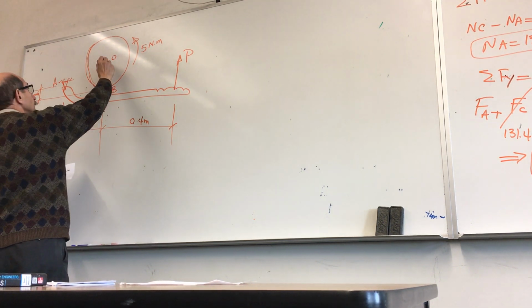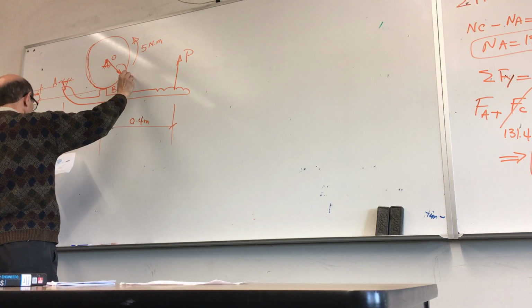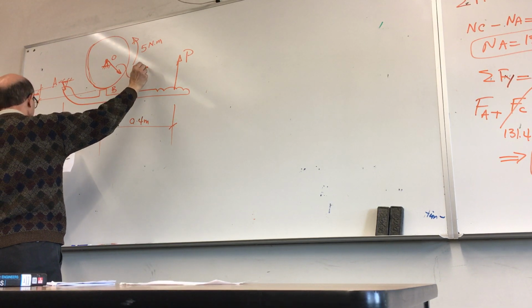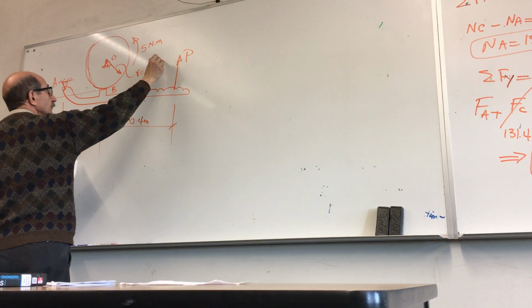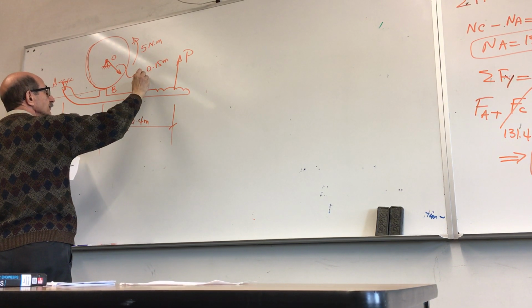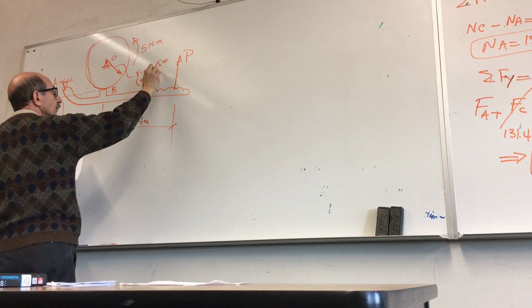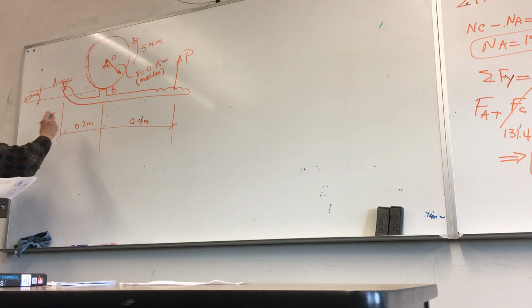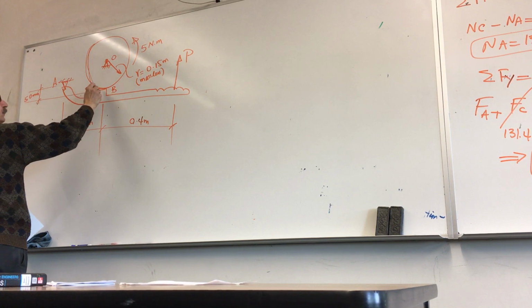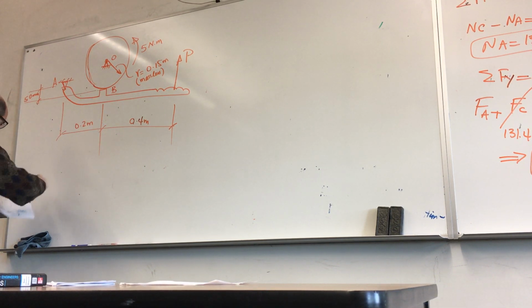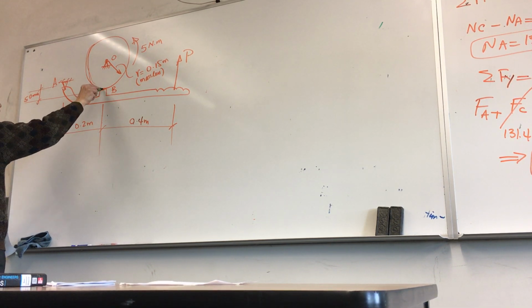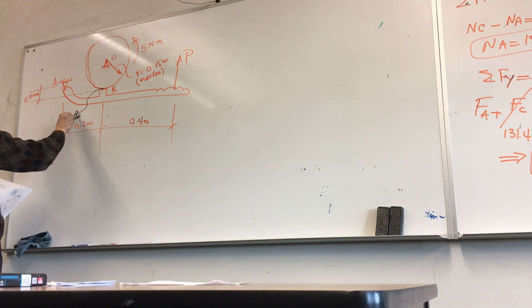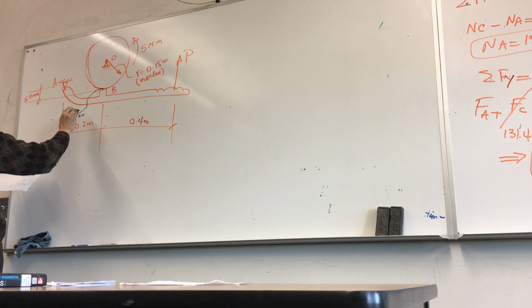And the radius of this disc is 0.15 meters, and this is massless. Okay. So the problem statement goes like this, that you know that the coefficient of friction at point B, coefficient of friction here, okay, is given as 0.3.